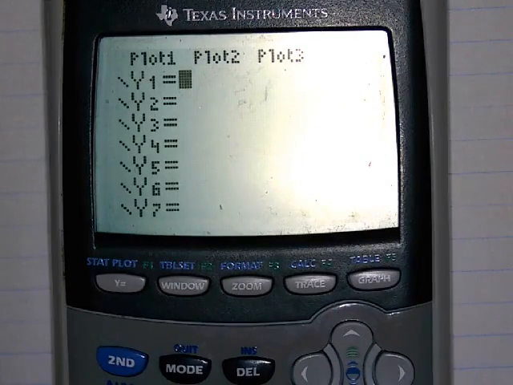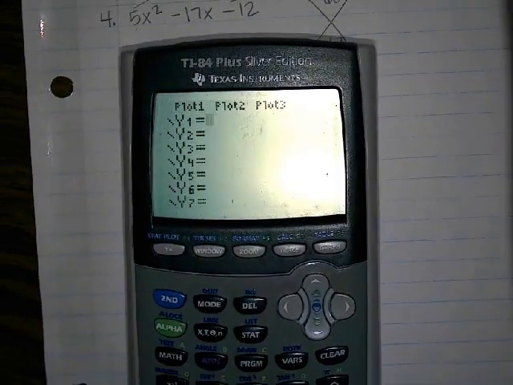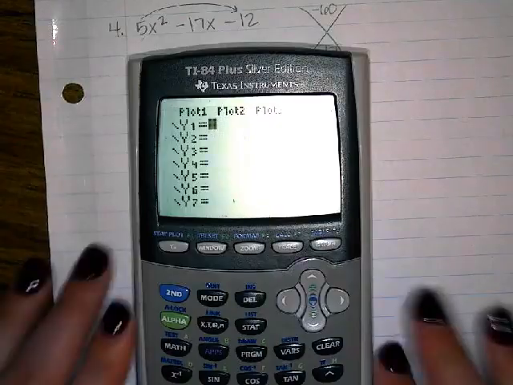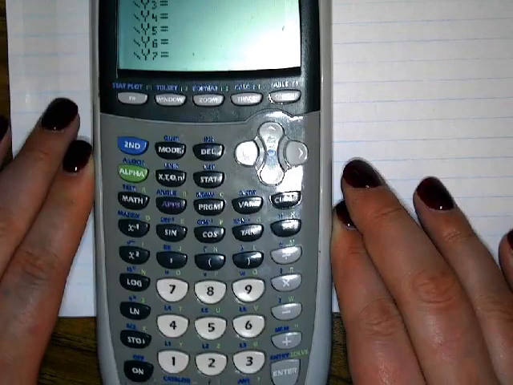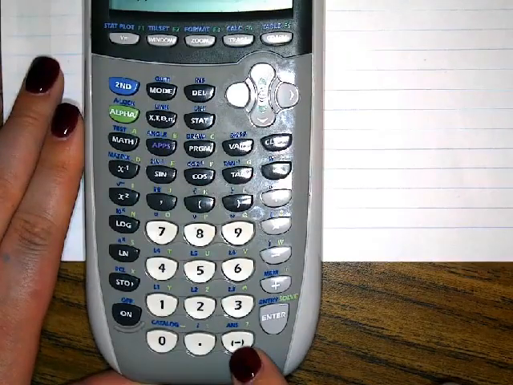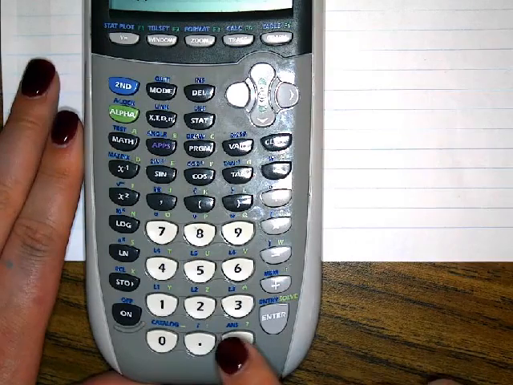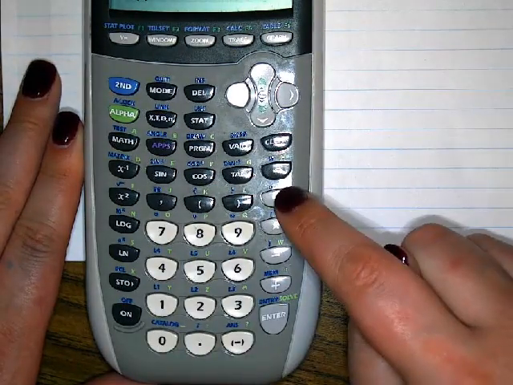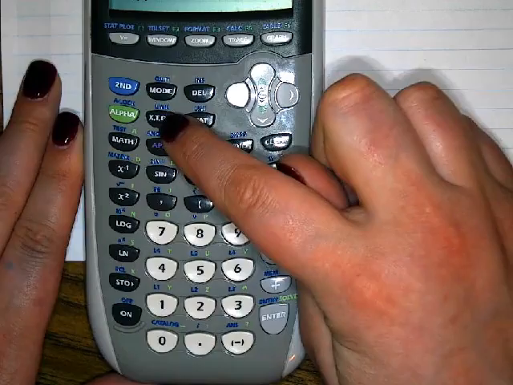Remember on your calculators, there's a difference between the negative button and the minus button. If we're typing negative 60, we're using this button down here. Negative 60 divided by x is what I'm typing in.